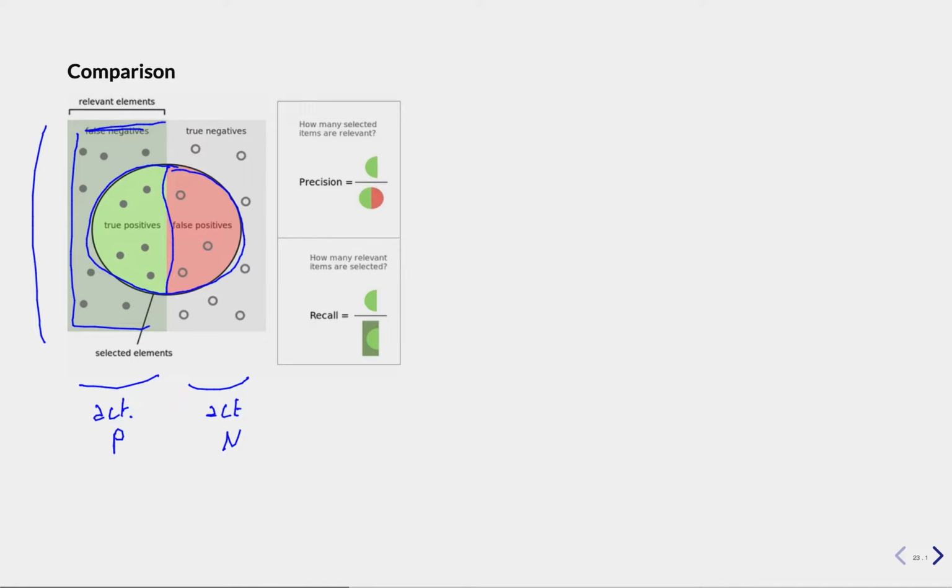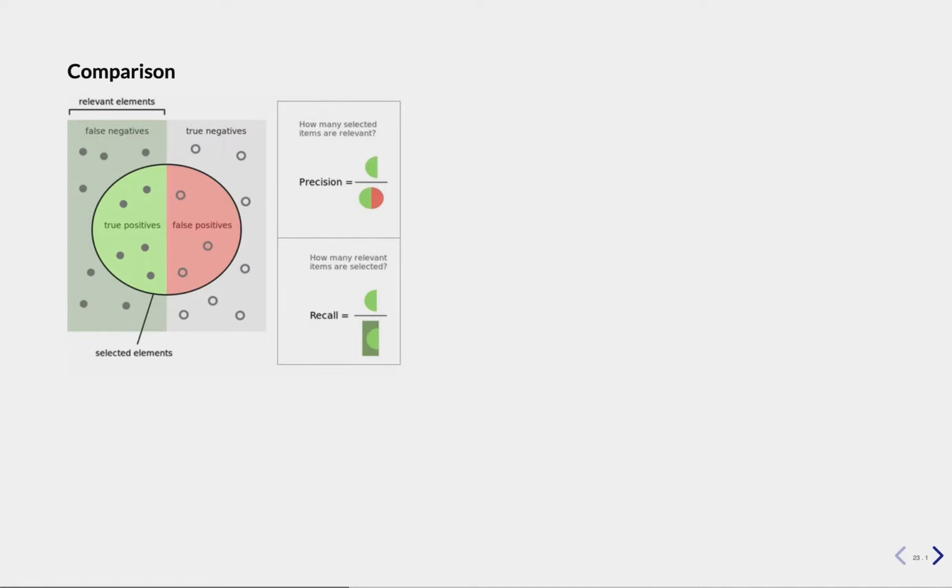So we predict positive while it's actually negative. And the remaining here are the true negatives. So there are negatives and we predict negative. So in this case, precision is basically the true positives over all the predicted positives, while recall is the true positives over all the actual positives.